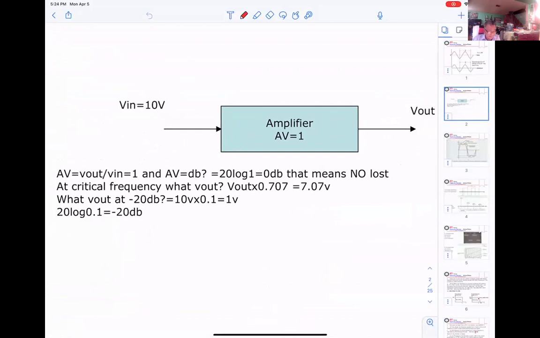Active filter means they build the filter with the op amp, and also RC and RCL circuits.